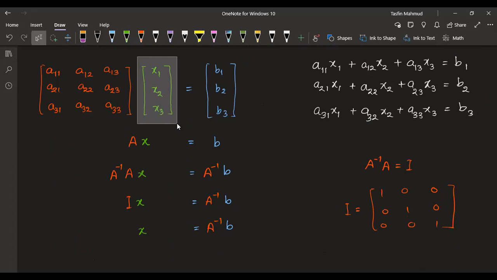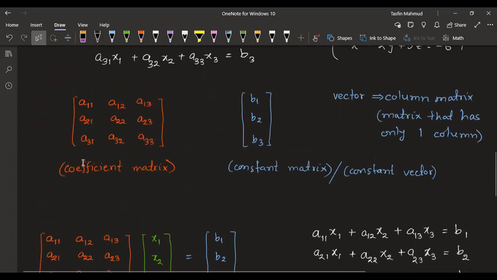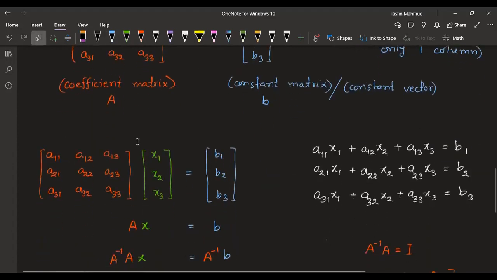So we may call x the vector of the unknowns, the unknown vector. Okay, a is called the coefficient matrix and b is called the constant matrix. We can call x the unknown vector or unknown matrix if you wish.